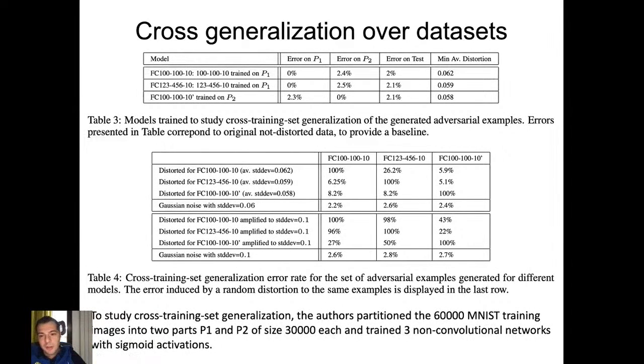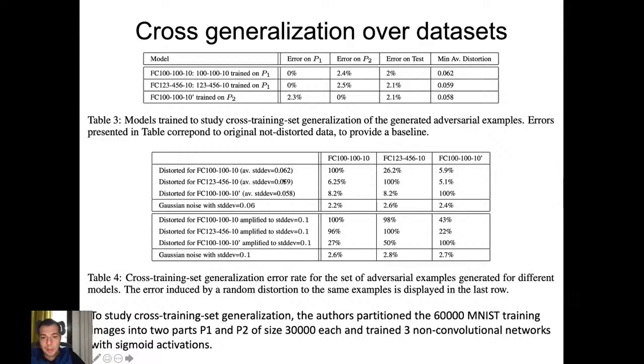examples that are generated, for example, so these are examples generated for this model on the first part. If you look, it will also apply to this second model on the first part, but it also increases the error rate of this model trained on P2.